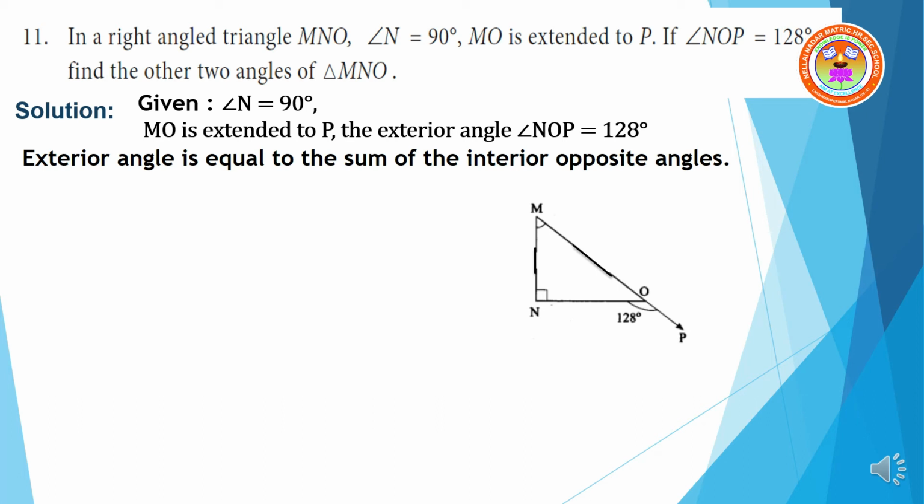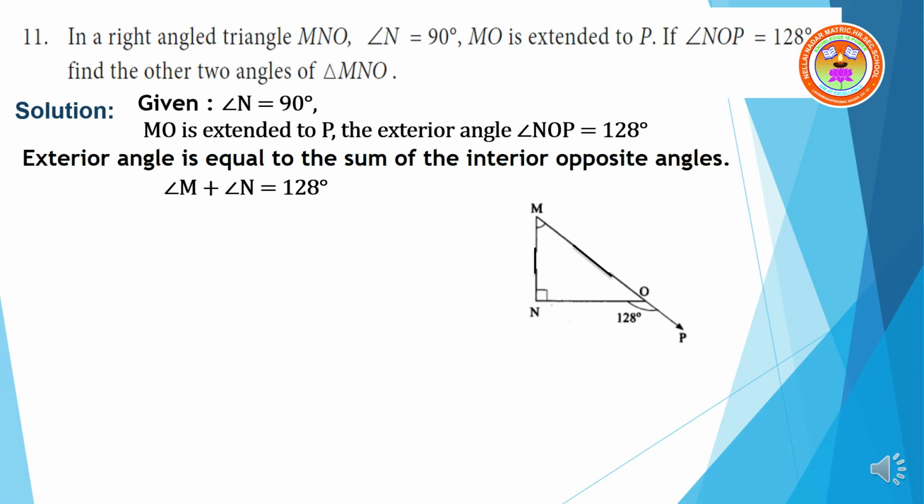And the interior angles can be written as angle M and N. So if I add both the angles, that is interior opposite angles, the sum of the interior opposite angles will be equal to the exterior angle. That is a property. So angle M plus angle N will be equal to 128 degrees.